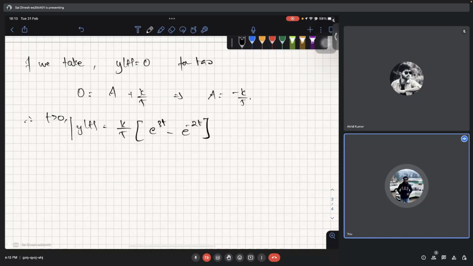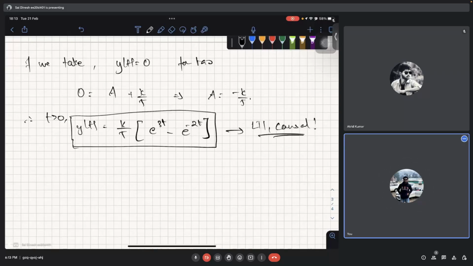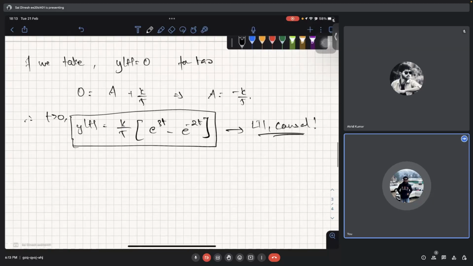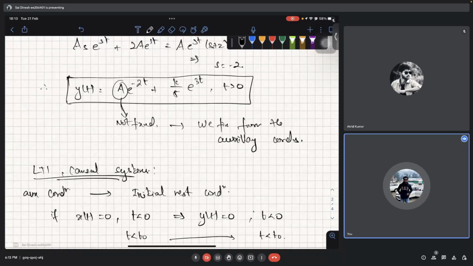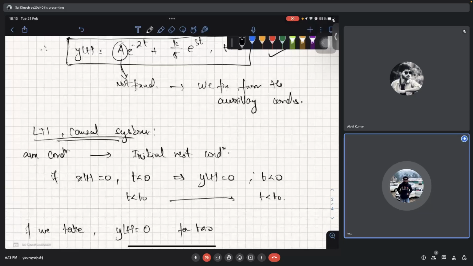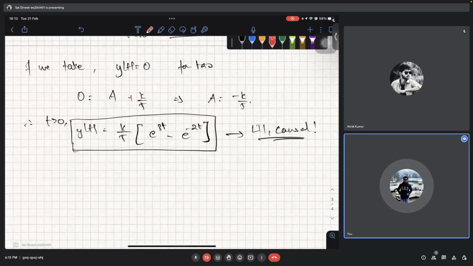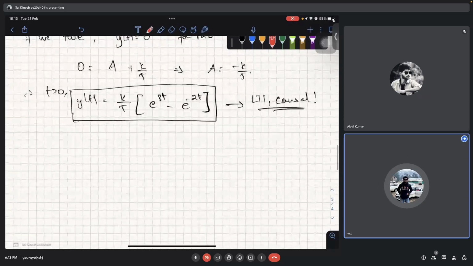So this is the system which is LTI and causal. Basically we have a system of this form, but this is just a constraint. Once we fix the auxiliary conditions, like the initial rest condition here, we get the LTI and causal system governed by that LCCDA. So this is for continuous time.